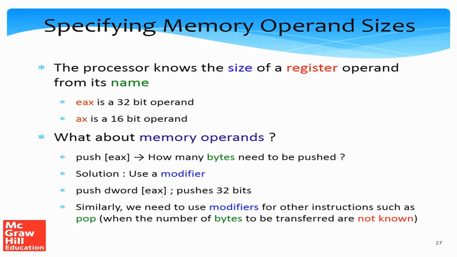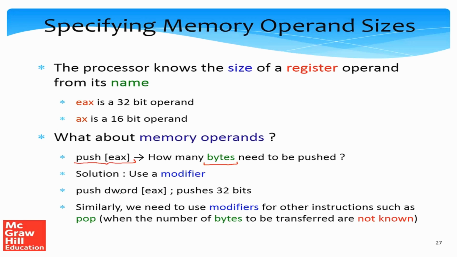Let's take a look at some instruction of the form push EAX. In this case, we read the value of EAX, we get a 32-bit memory address. We access memory, we read some bytes and push them onto the stack. But the question is, how many bytes need to be pushed? Is it 2 bytes, 4 bytes, 8 bytes?